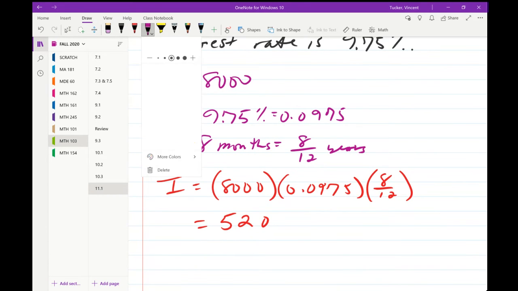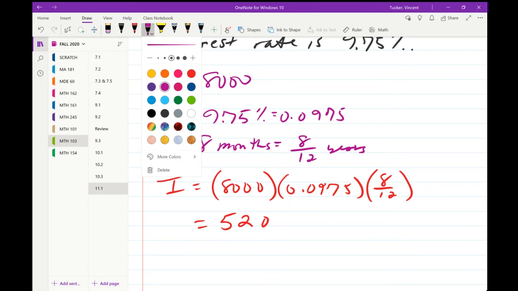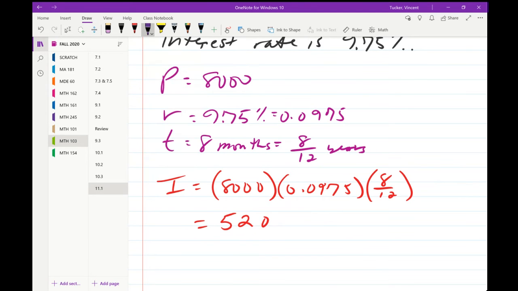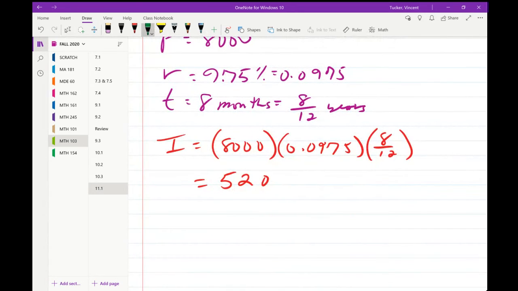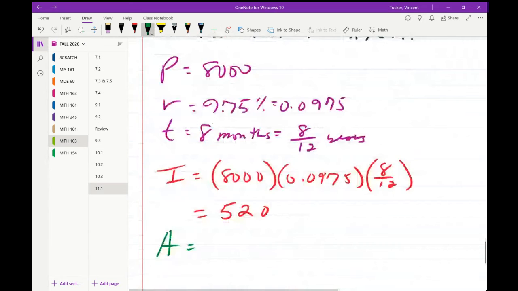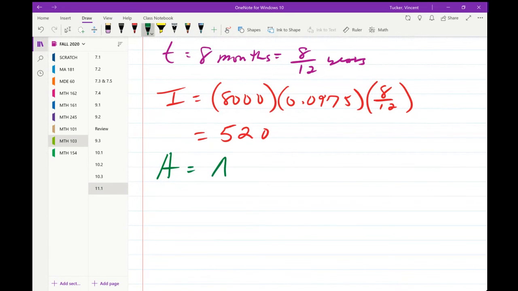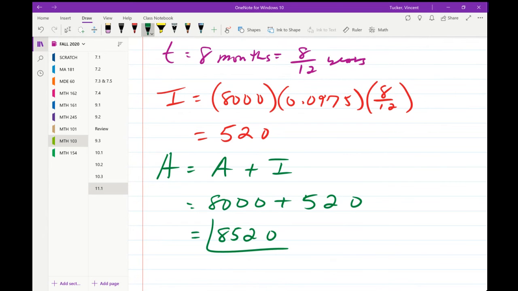And then let's go ahead. So now to find the future value, maturity value, A, it's P plus I, 8,000 plus the 520, 8,520.